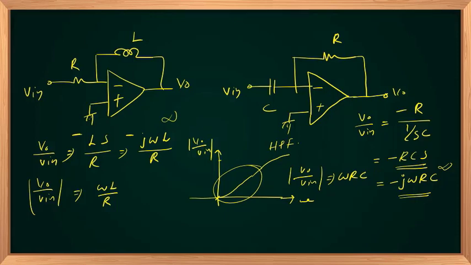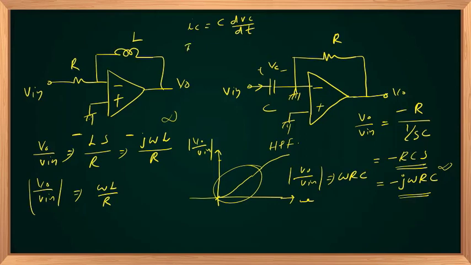And since it is a differentiator circuit, why is it called a differentiator circuit? Let us see. The current flowing through the capacitor is IC equal to C dVc by dt, and the voltage across the capacitor is nothing but V in itself, because this is at virtual ground.